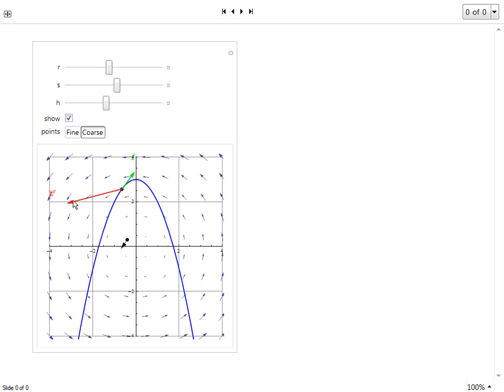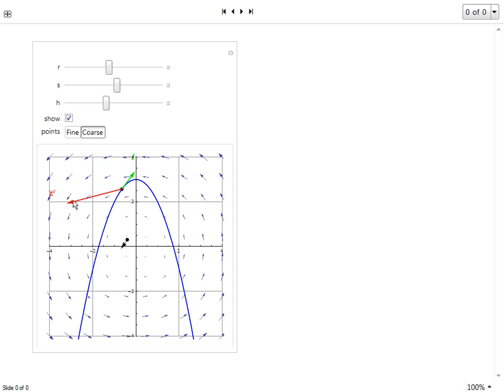So if this blue curve is like an R of t, like a vector curve, right? Then this green thing is the tangential component, capital T, remember that? We can then look at this capital T vector as our displacement vector, and we can look at the red vector as the force vector. And if we dot the two, we get the work, don't we?